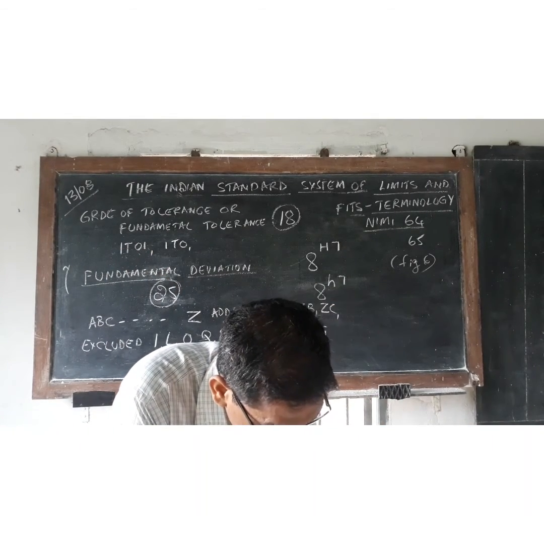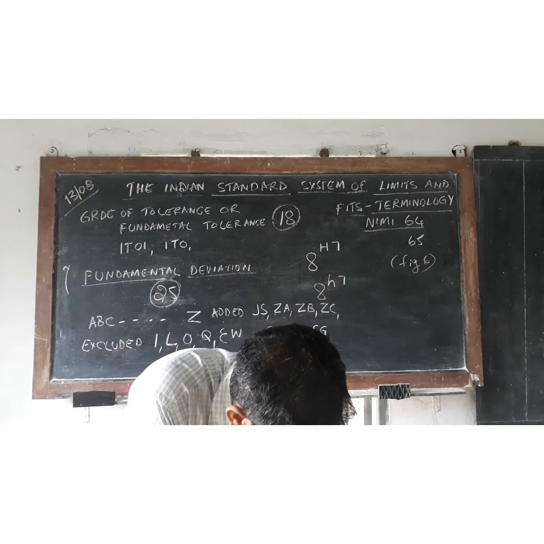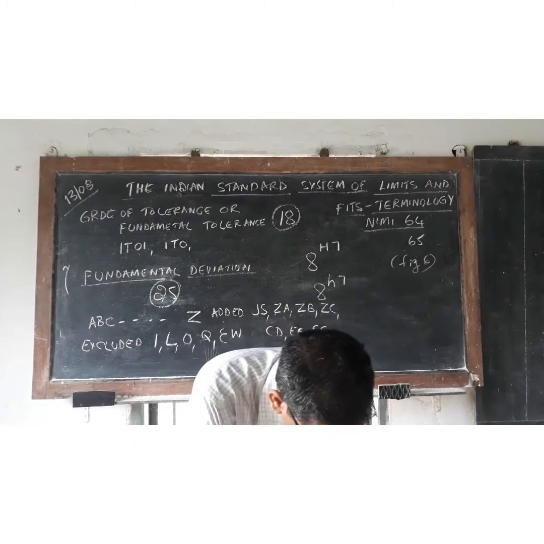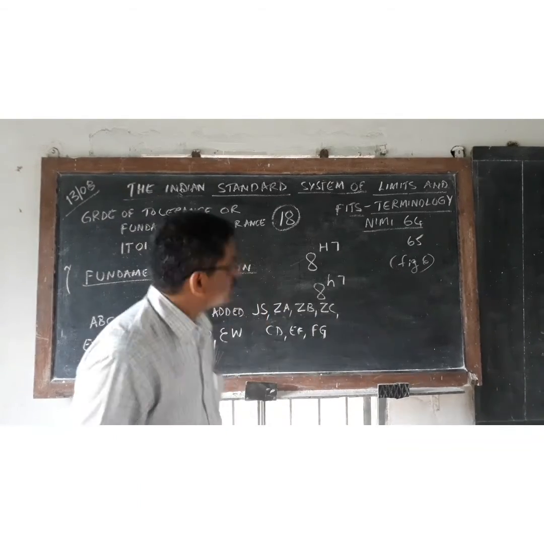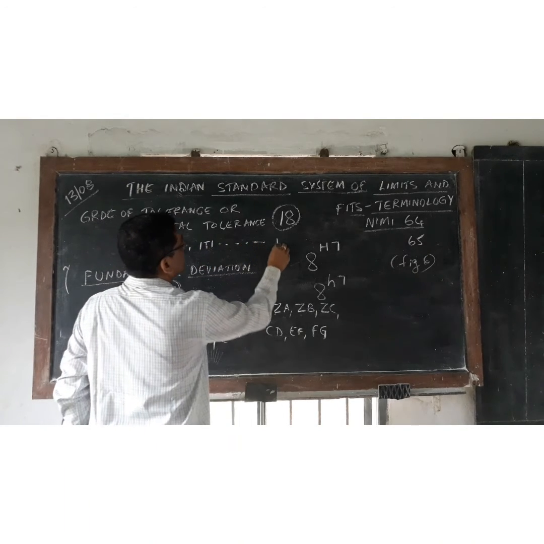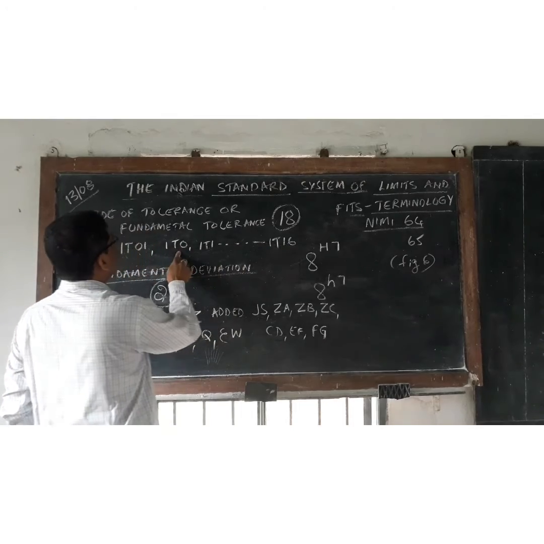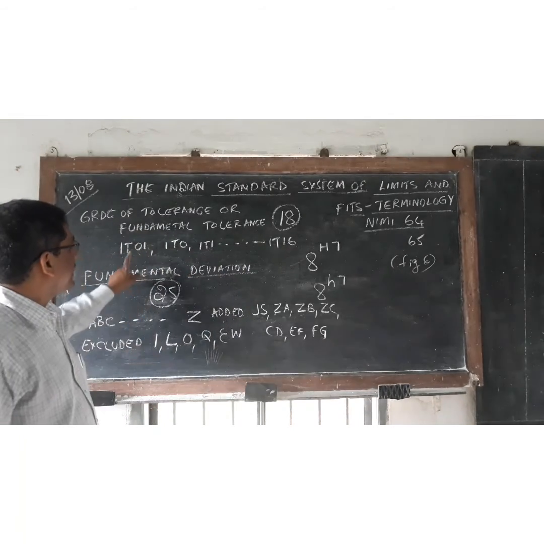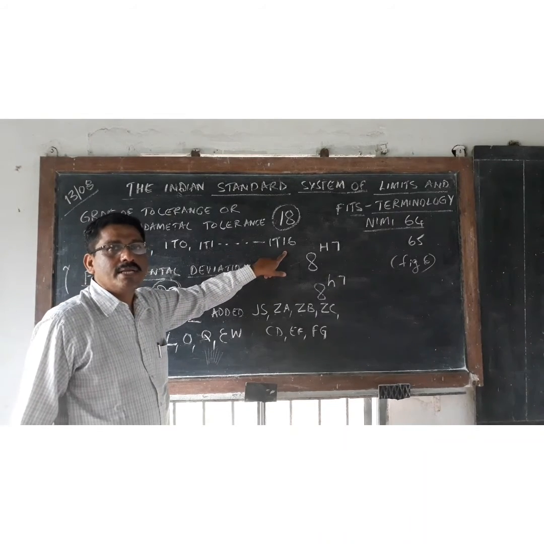IT01, IT0, then IT1, then it will come up to IT16, and here 16, 17, 18. So IT01, IT0, IT1, up to IT18. Like that it is there.